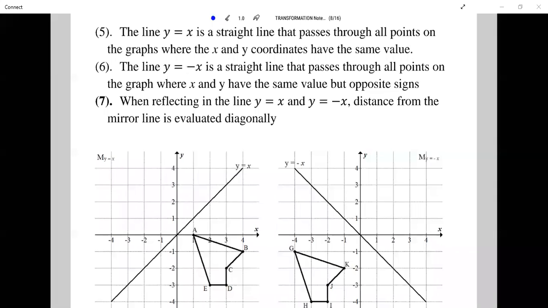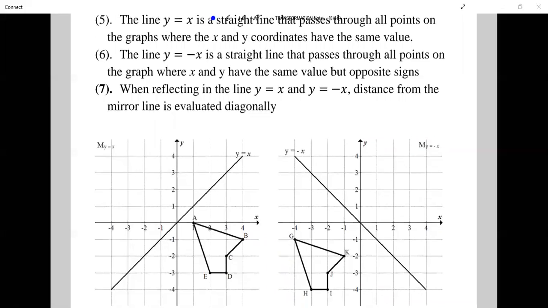So the line y equals x passes through the points 1, 1, 2, 2, 3, 3, 4, 4, as you can see in the diagram below.